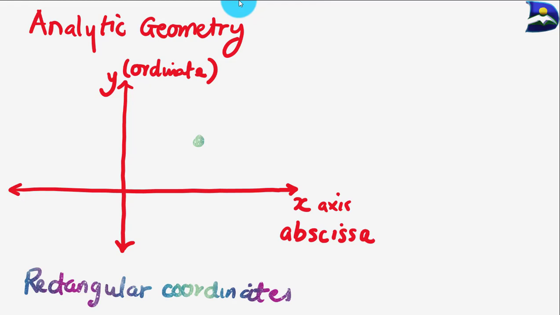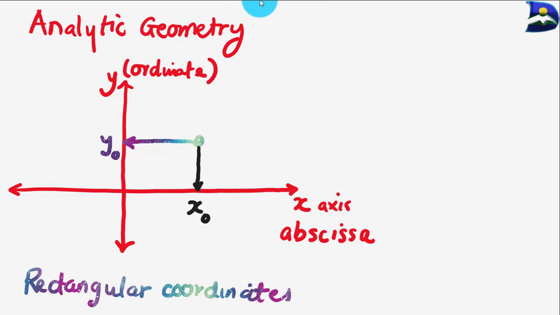One is pointing to the x, which is in this case x naught, and the other part is pointing towards the y axis, and this here is highlighted as y naught.